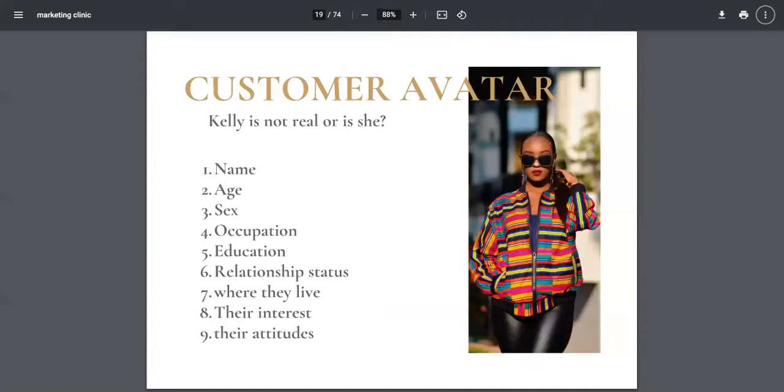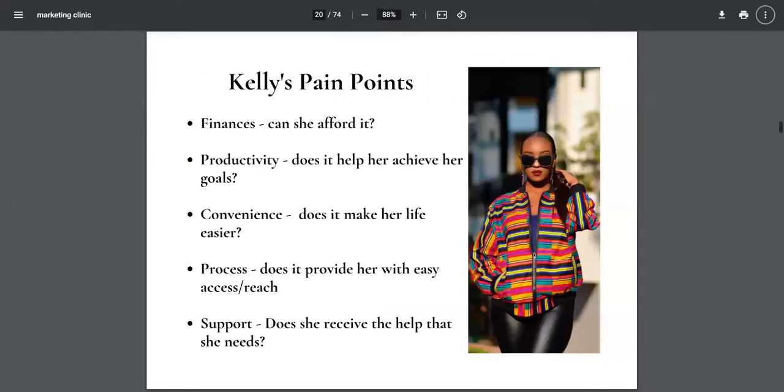Like I said, I've got her age, her sex, her occupation, education, relationship status, where she lives, her interest, and her attitudes. That's what I needed to create the avatar. Her pain points were, again, can she afford it? Productivity, does it help her achieve her goals? Convenience, does it make her life easier? Process, does it provide her with an ease to access her reach? And support, does she receive the help that she needs?